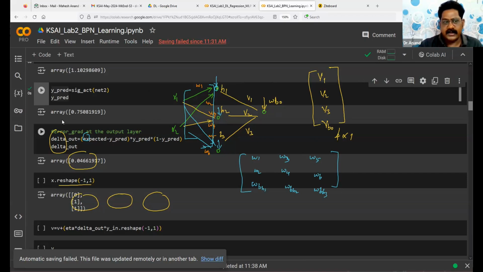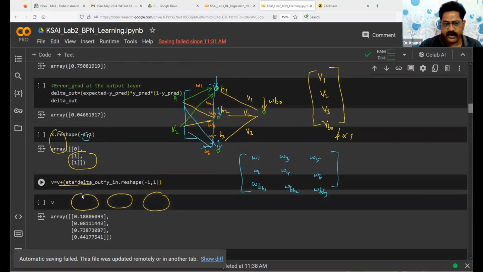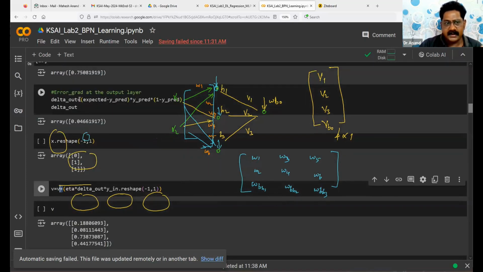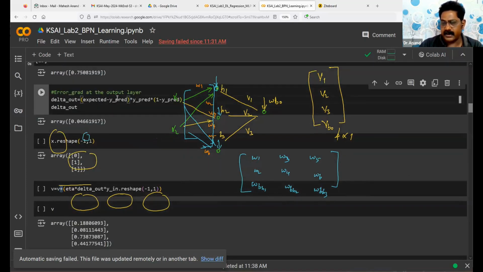In our theoretical formula, we have got the negative sign, but I have taken that negative sign to the weight adjustment. There also is one negative sign, so two negatives I have combined to make it a plus. Can you see in the weight adjustment formula, I'm using the plus symbol, but originally minus. In the gradient, I will get minus of y minus y cap. That minus I combine to make it plus.